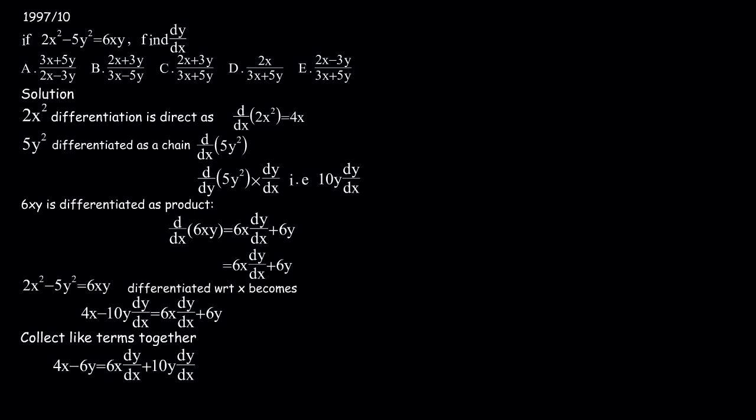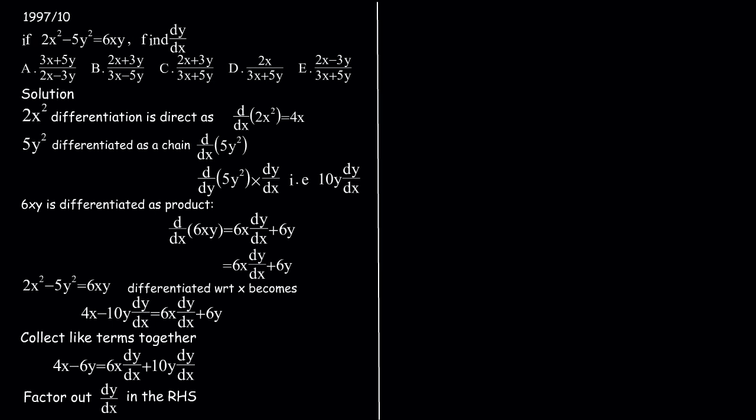Doing so, 4x minus 6y will be equals to 6x dy over dx plus 10y dy over dx. At this point, we are going to be factorizing out dy over dx in our right hand side. Doing so, it becomes 4x minus 6y will be equals to dy over dx in bracket 6x plus 10y.